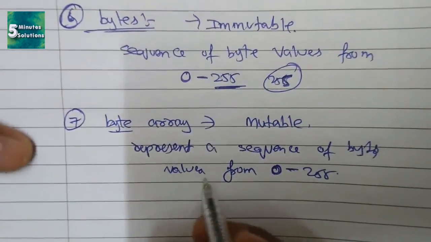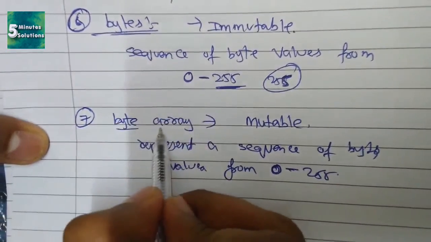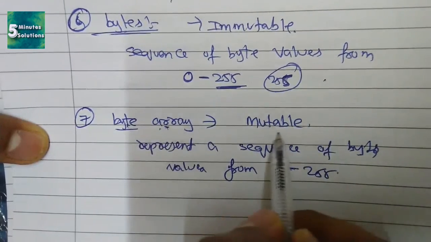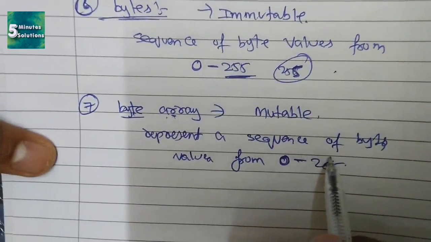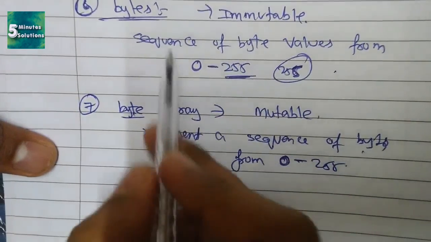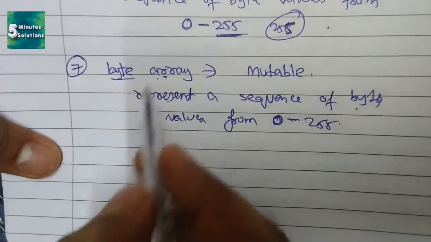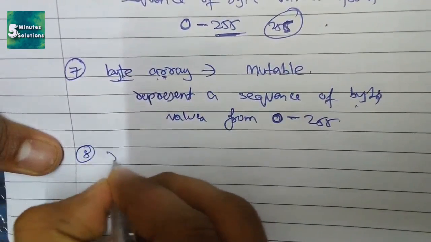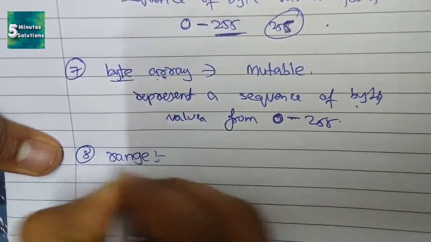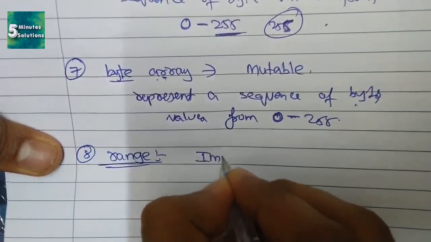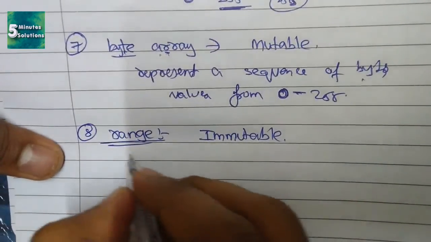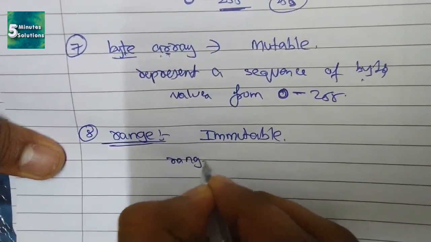But the main difference between bytes and byte array is that bytes cannot be modified, and byte array can be modified. Eighth one is range. Range is immutable. It is used to represent range values.